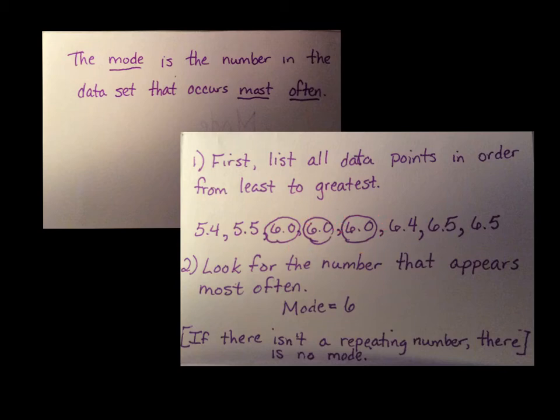You can have numbers that appear more than once, but you have to find the number that appears most often, and that will be your mode. And something important to remember, if there isn't a repeating number, there is no mode. So if a question asks you for a mode but you don't see one, never put 0, write the words no mode.